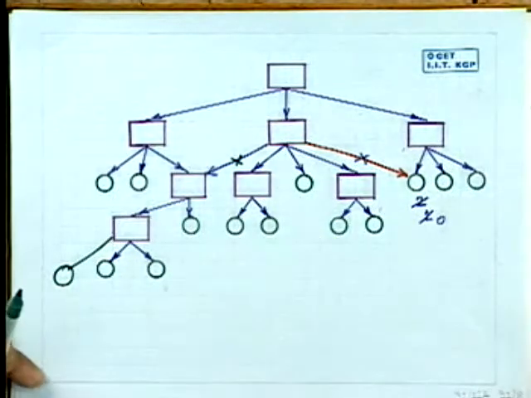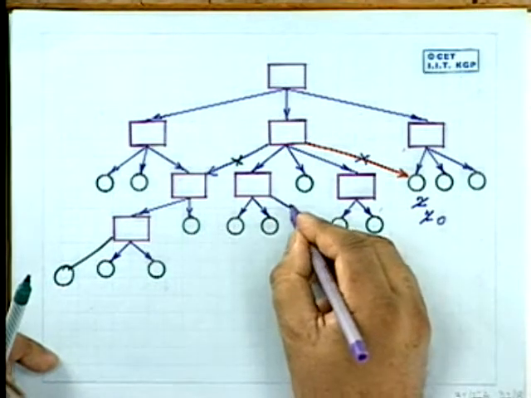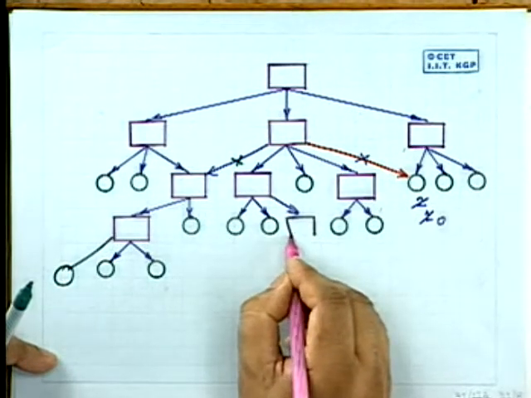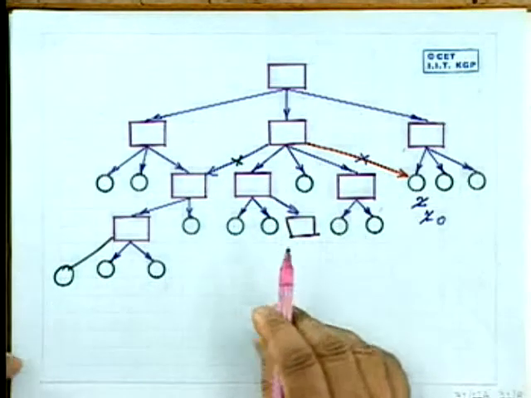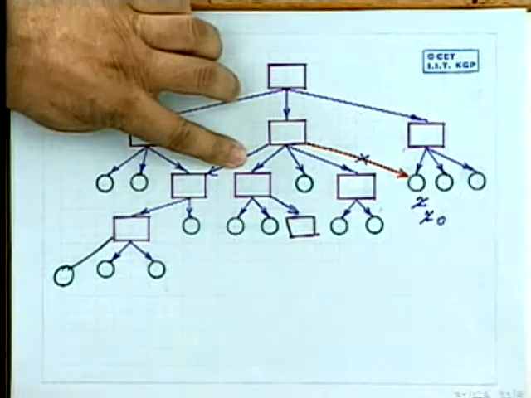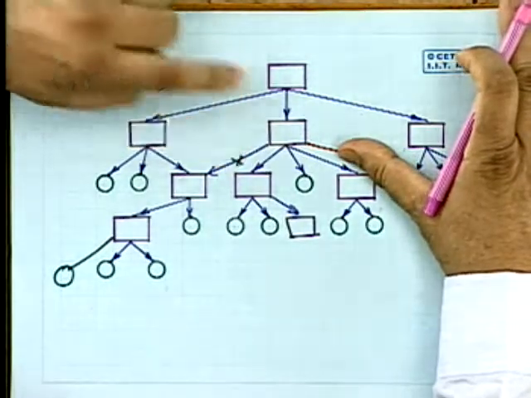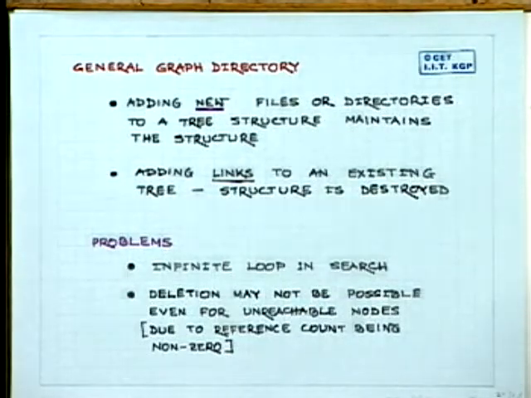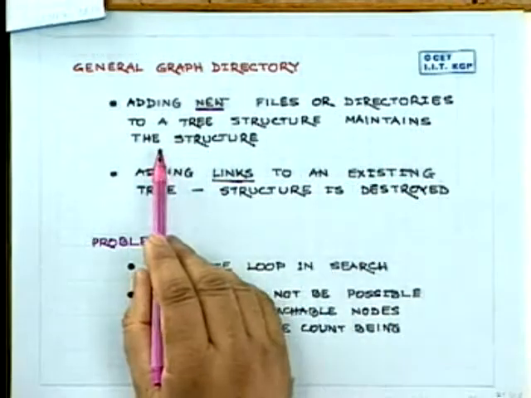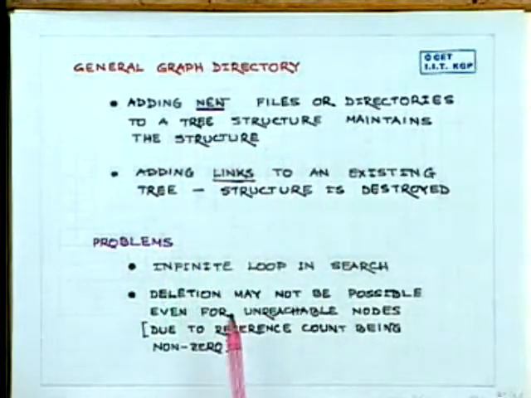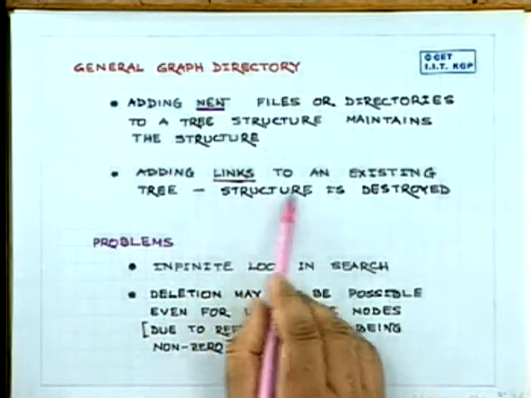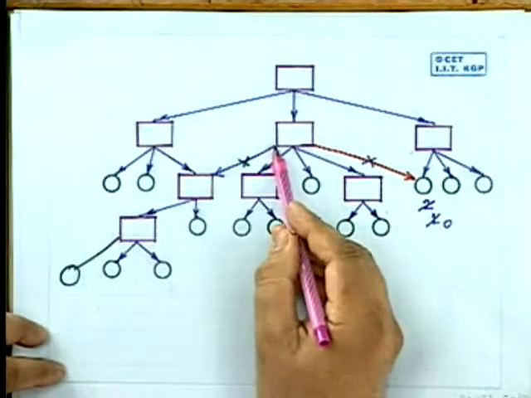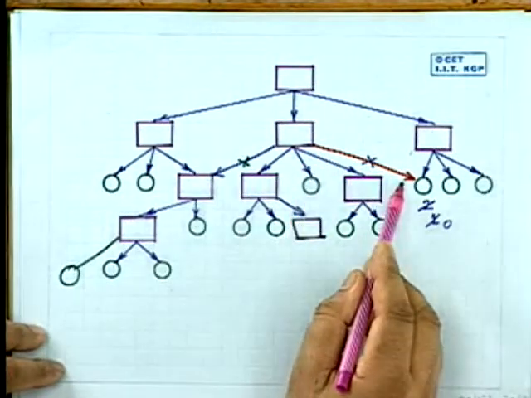So for example, I want to add a subdirectory here. A tree structure remains. Assume that this link and this link are not there. Therefore, that is exactly what we mean when we say that adding a new file or directories to a tree structure maintains a structure. But adding links to an existing tree structure is destroyed. For example, as we are adding links to the existing structure, this we call link.